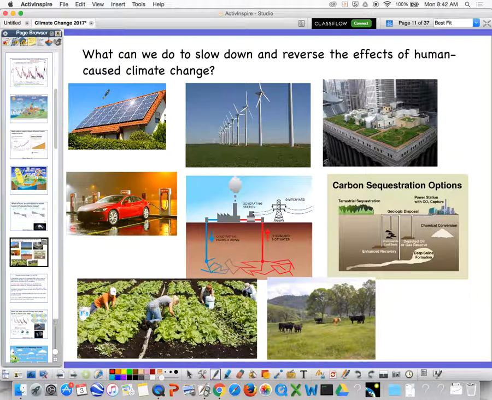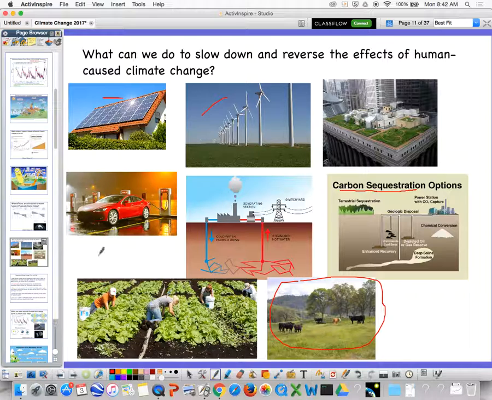We know about things like solar power, wind farms, hybrid vehicles, organic farming, and natural ways to raise livestock rather than large-scale industry-type farming. And I'll also talk about what we can do with carbon dioxide in the air and carbon produced by factories. They're called carbon sequestration options.